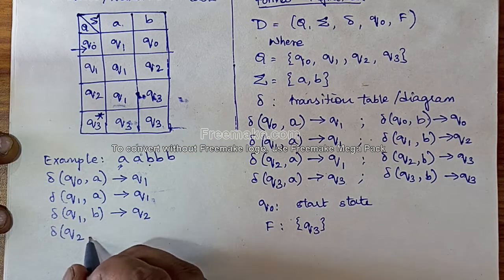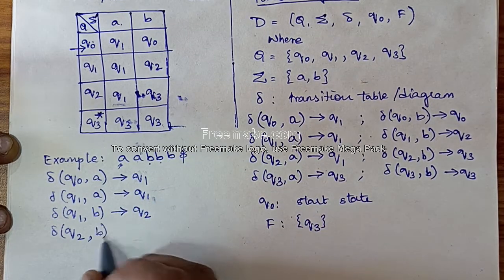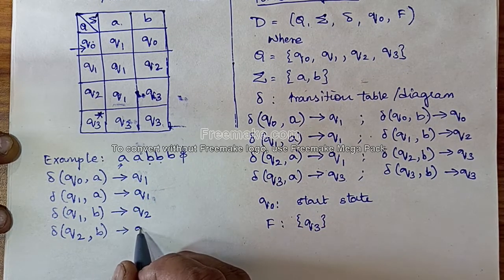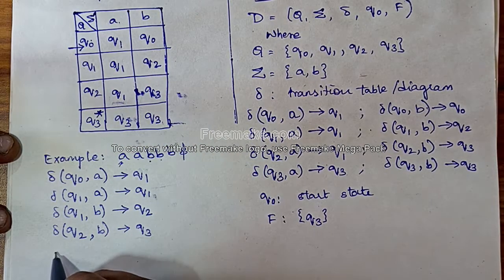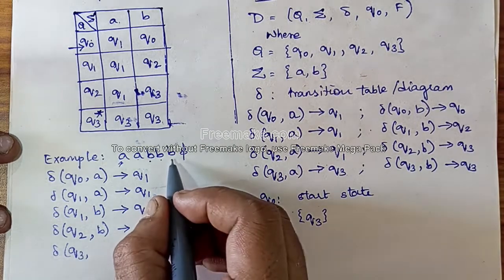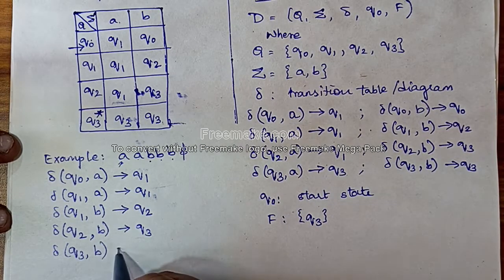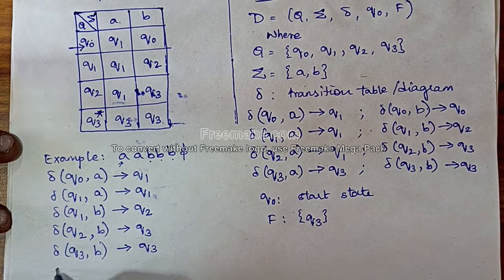Now I am in Q2 state and I am reading the next input symbol. Q2 on reading a B goes to Q3. Now I am in Q3 state and I am reading the next input symbol B. It is remaining in Q3.